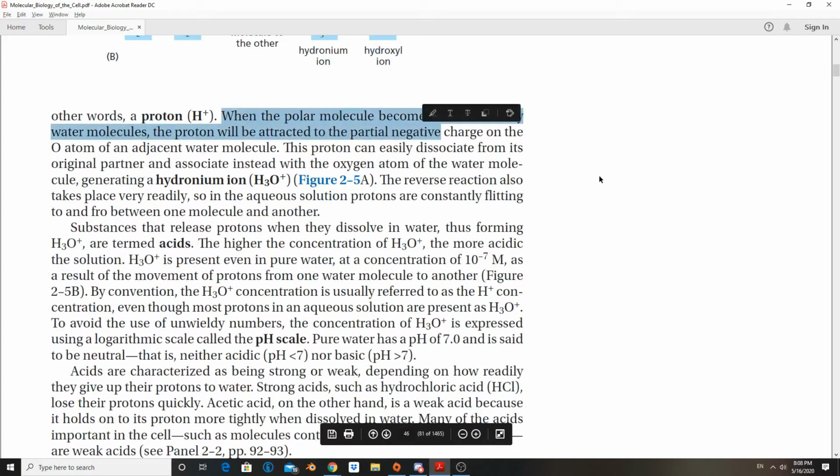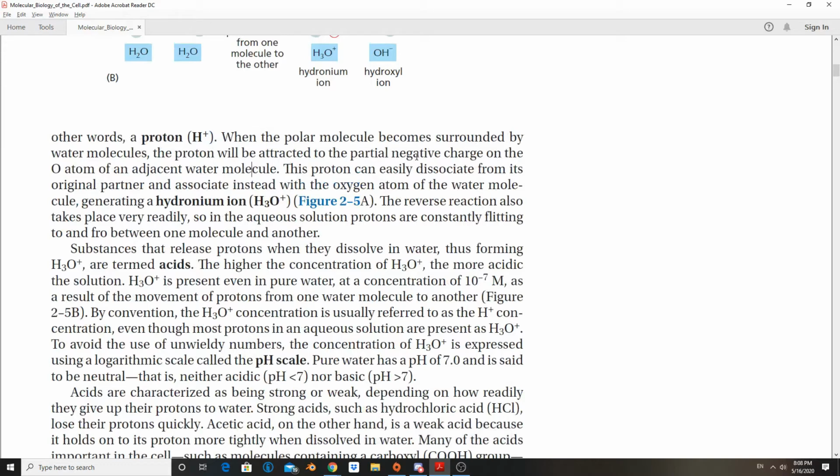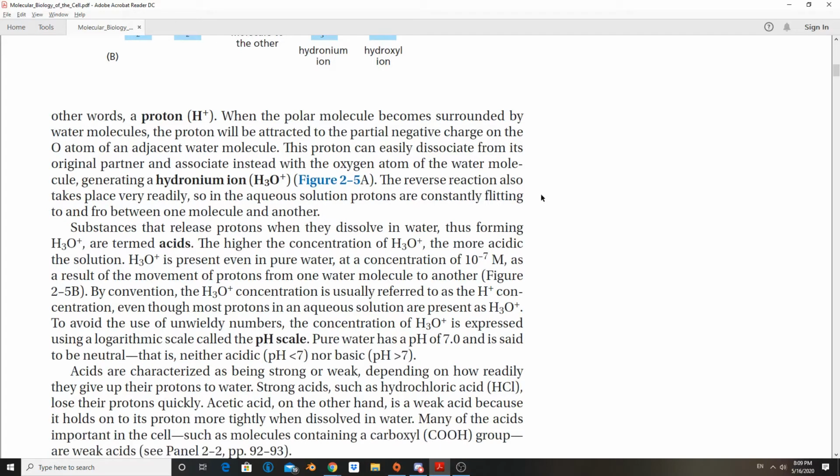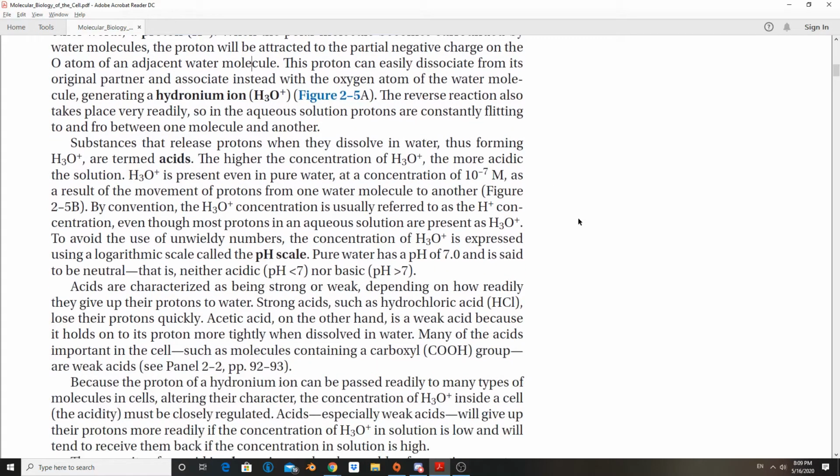When the polar molecule is surrounded by water molecules, the proton is attracted to the partial negative charge on the oxygen atom of the adjacent water molecule, which forces the hydrogen atom to leave and stick to the other water molecule. And sometimes it just bounces back and forth because, well, if you can take a hydrogen atom from me, then I can take a hydrogen atom from you.